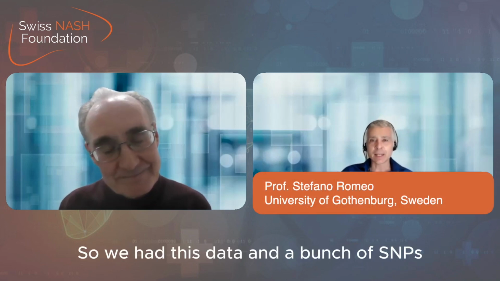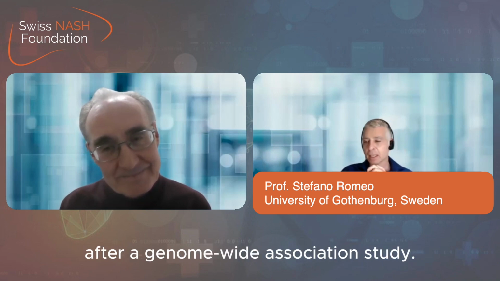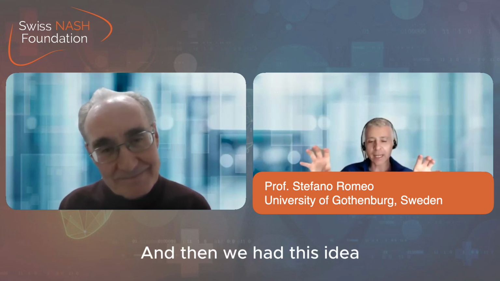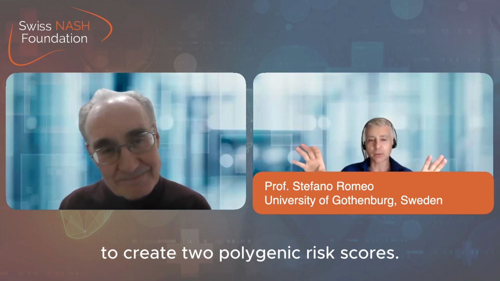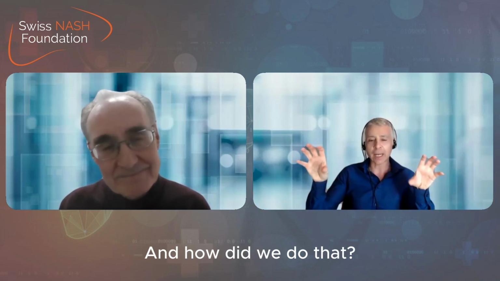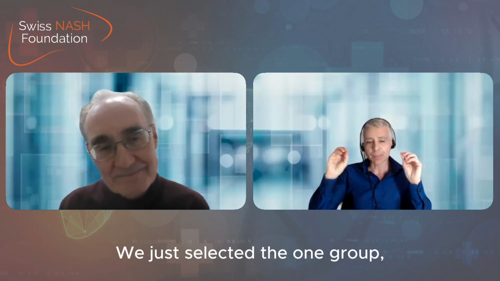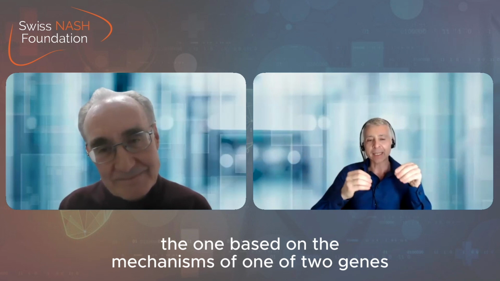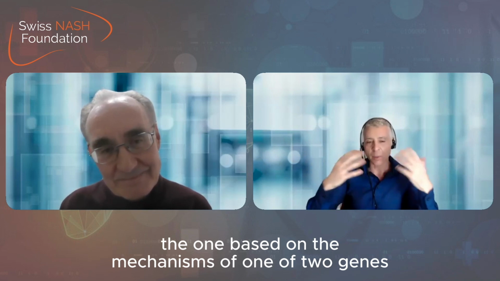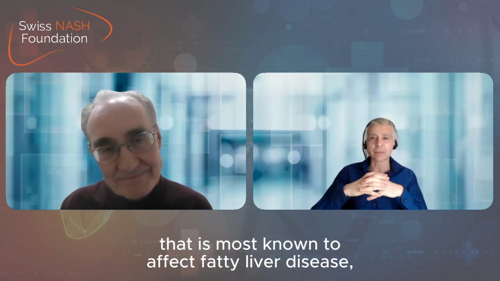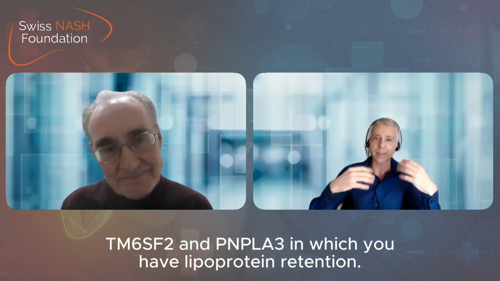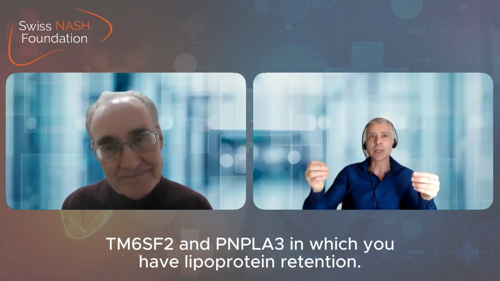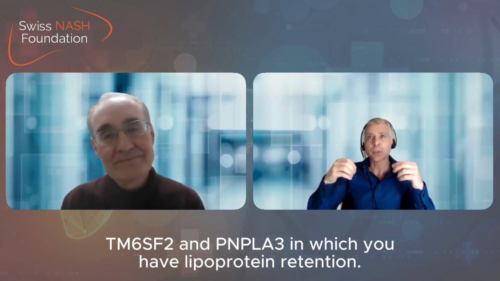So we had these data and a bunch of SNPs after a genome-wide association study. And then we had this idea to create 2 polygenic risk scores. And how did we do that? We just selected one group, based on the mechanisms of the genes that are most known to affect fatty liver disease, TM6SF2 and PNPLA3, in which you have a lipoprotein retention.